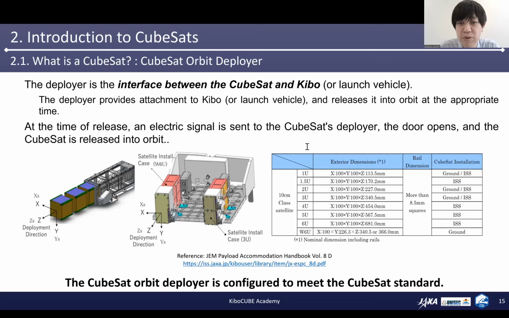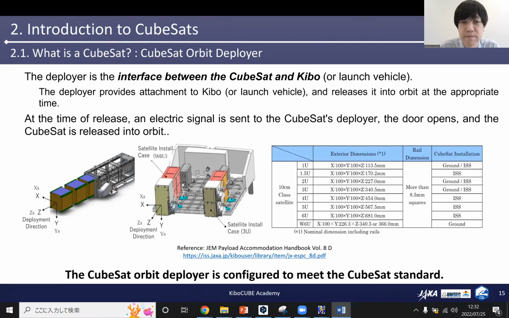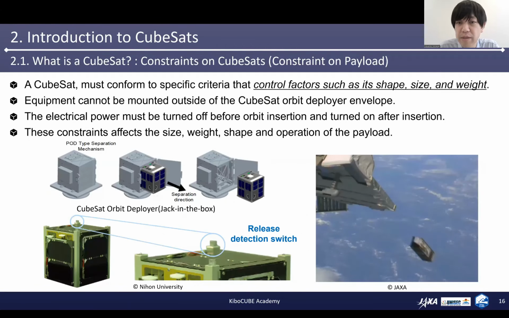Kibo provides options of J-SSOD in 3 different forms: 3U, long 6U, and wide 6U. The CubeSat Orbit Deployer is configured to meet the CubeSat standard. A CubeSat must conform to specific criteria that control factors such as its shape, size, and weight.